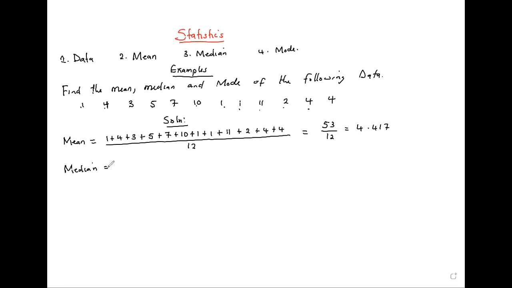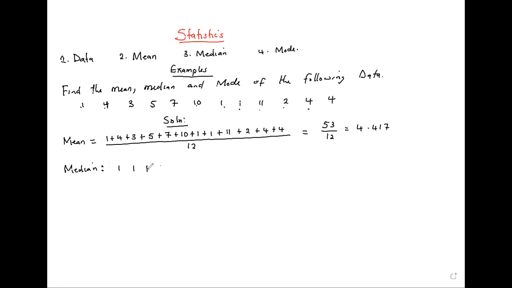For the median, you rearrange your numbers. Okay, so to find the median, you rearrange your numbers in ascending order. You start with the smallest number. So the smallest number here is 1. 1, 1.